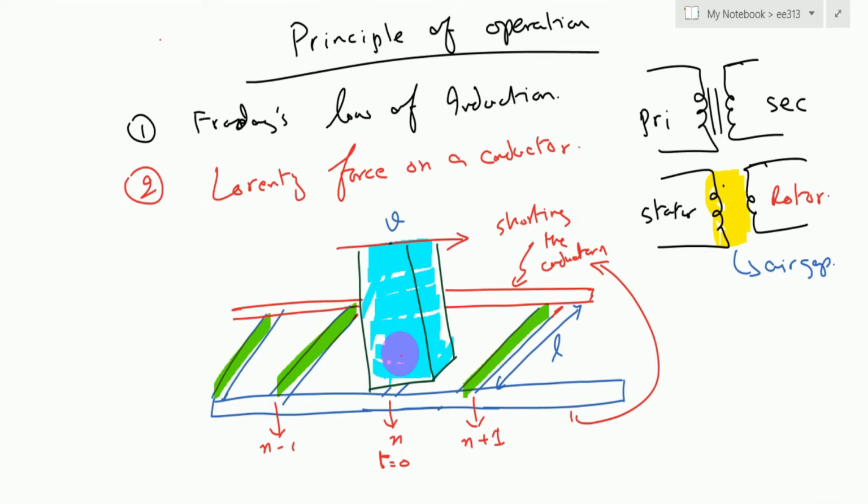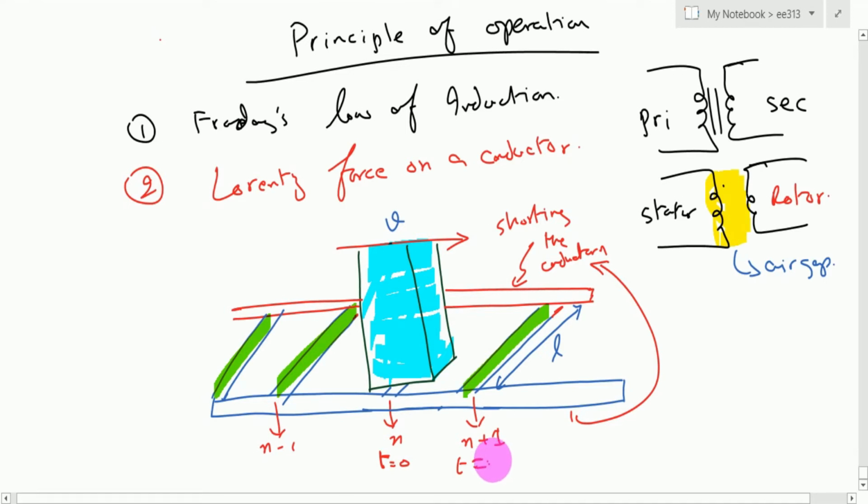At time t equal to 0 plus x seconds, its magnetic field is interacting with connector n plus 1, and at time t equal to 0 minus x seconds, it was on connector n minus 1. So this magnet is moving over these connectors at velocity v. The length of the connector is L.